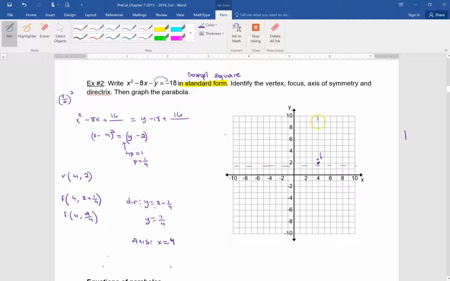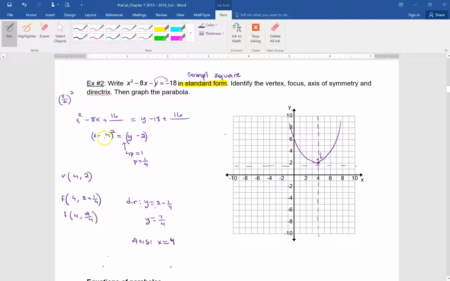So that's the axis of symmetry right there. The directrix is right there, and the parabola will look like this. This is the directrix. It's 7 over 4. So it's 1.75. So how do you use this on the graph? You're just going to plot them and eyeball the parabola. Always? Yeah.